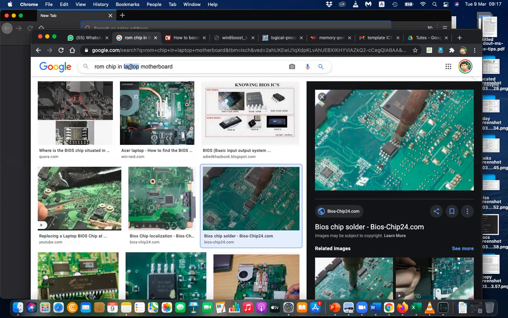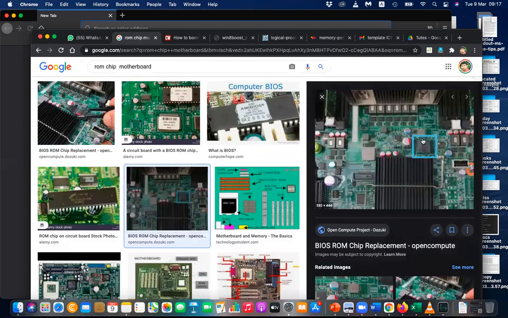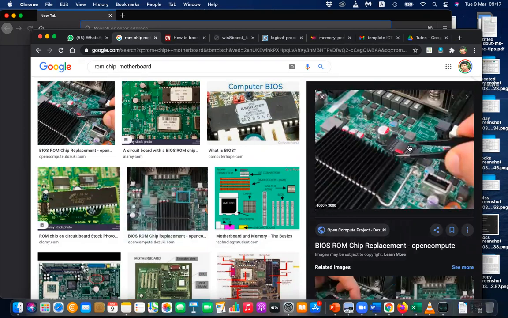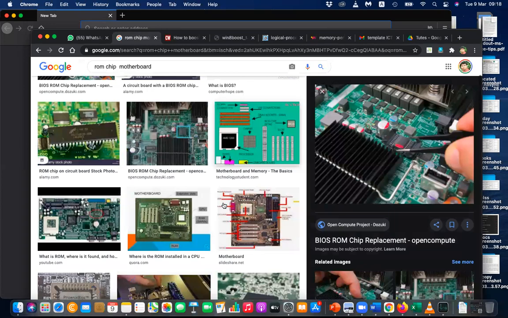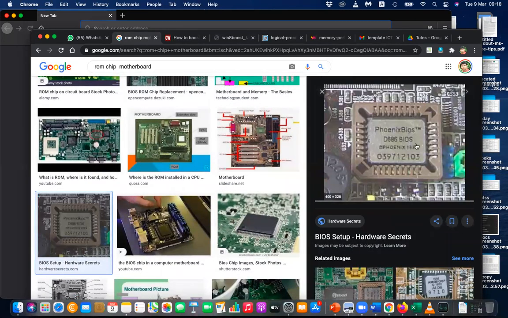But if it is in a desktop motherboard, it will be quite larger. But you can see this is the ROM chip. It looks like an IC. This is the ROM chip in the motherboard. Right? ROM is a chip. Here, this is the ROM chip in the motherboard.